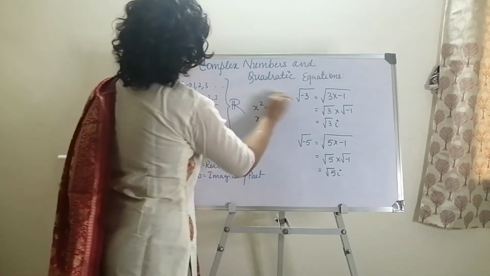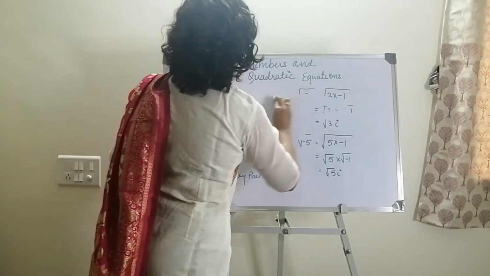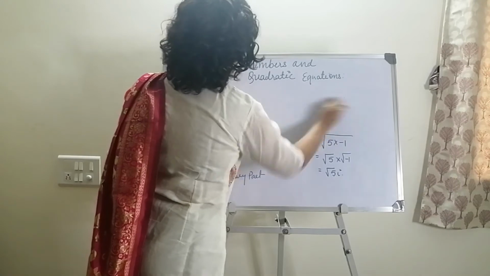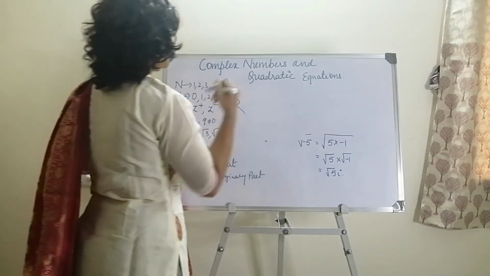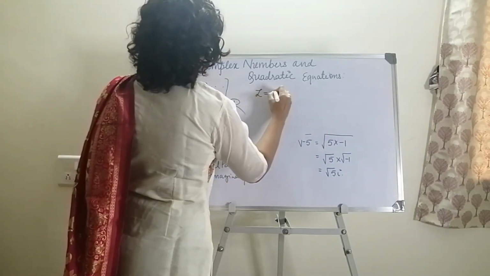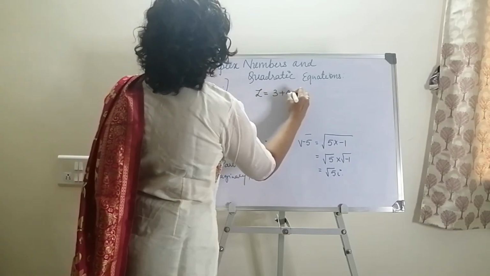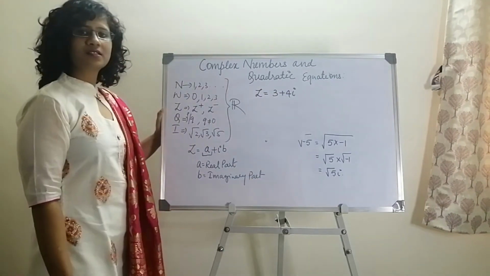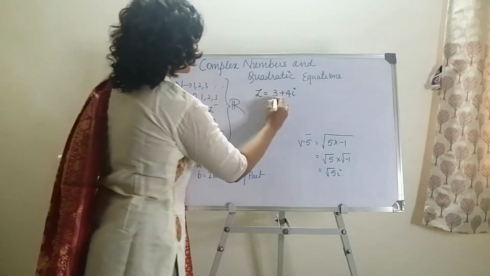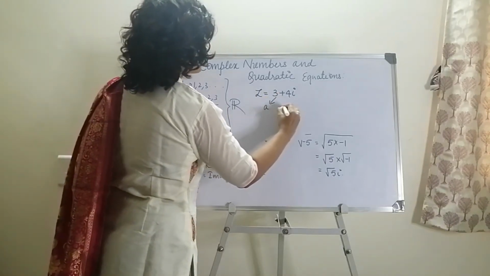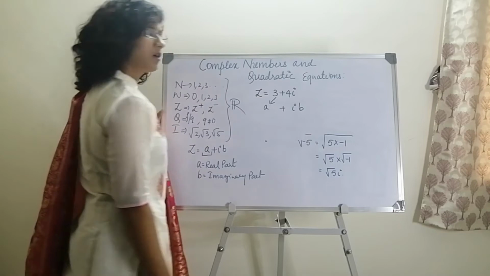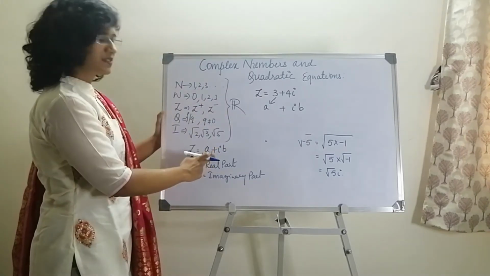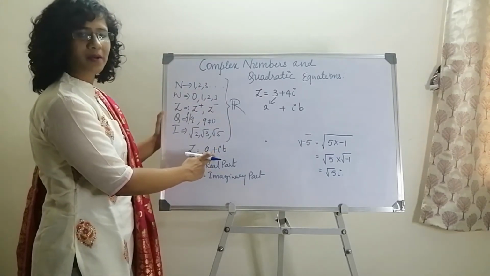So for example, if I would like to give you an example of a complex number, I can write Z is equal to 3 plus 4i. Obviously, this is a complex number. Here I can write a plus ib. Obviously, this also represents my general expression of a complex number.